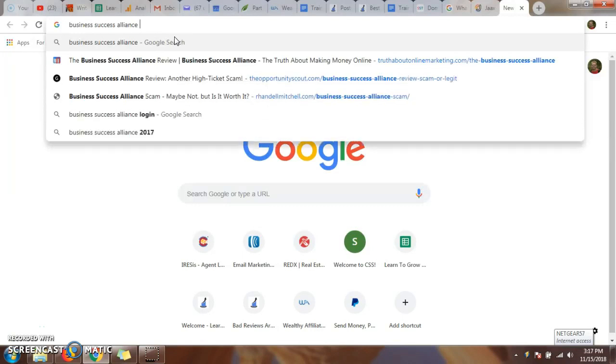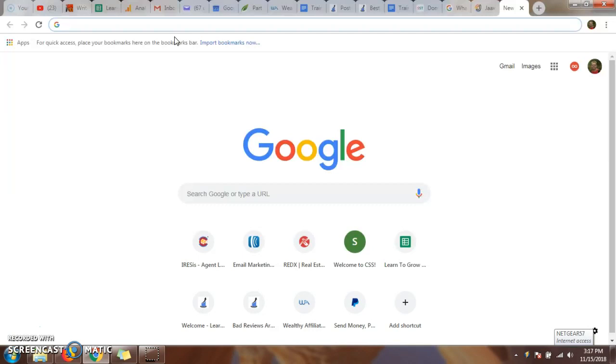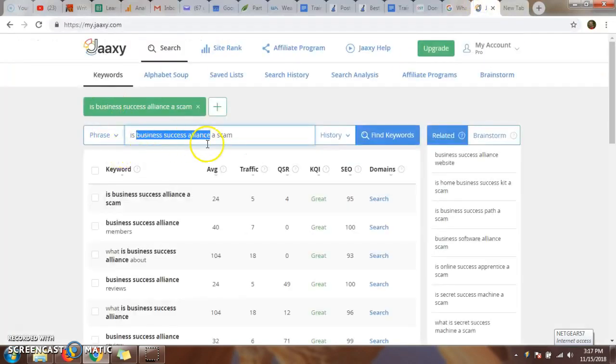Some of this is a little bit related to my searches and so forth, but that's basically how you find some ideas for keywords. At this point, we're just looking at the keyword research, so we'll focus on that.